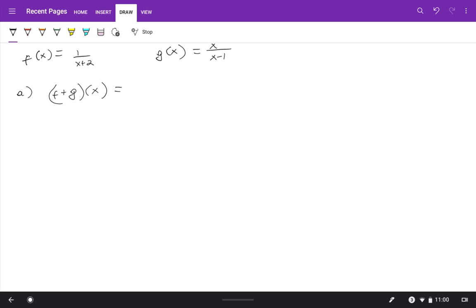So using the definition, that means we add the equation of function f and the equation of function g together. So in our case, the sum of two functions f plus g of x equals, I copy the equation of function f, which is 1 over x plus 2, plus function g, which is x over x minus 1, and we add them together.